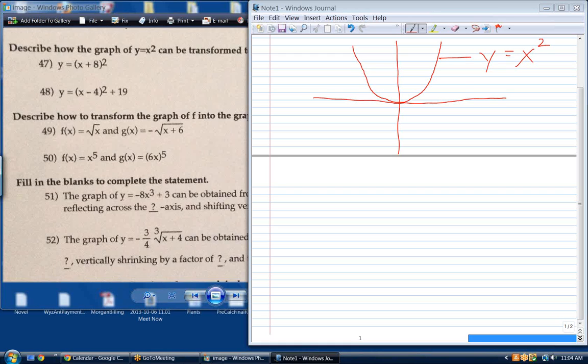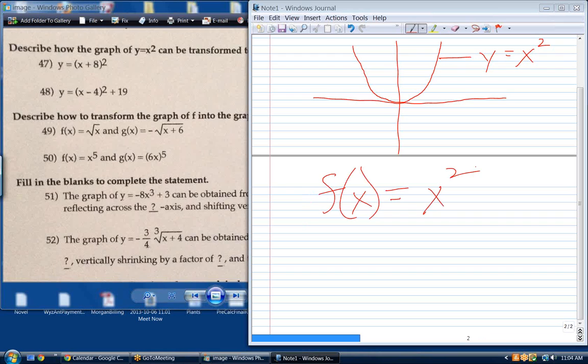No, it's horizontal. Here's the thing. If f of x equals x squared, what this really is is f of x plus 8.